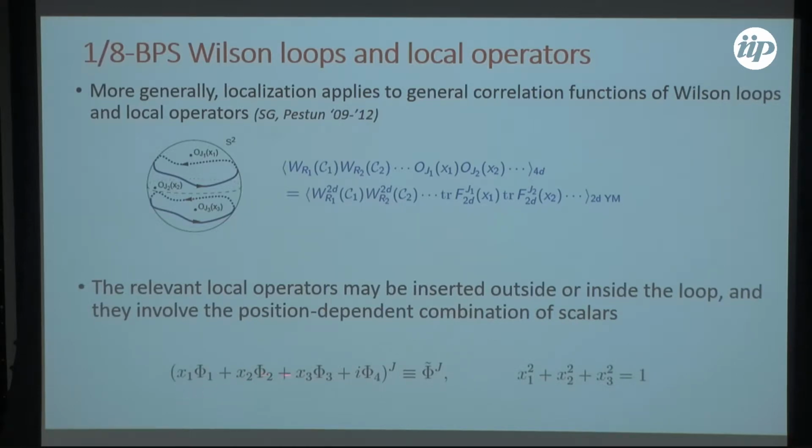I'm using Cartesian coordinates where the sphere is given by this. This is just some kind of chiral primary combination, because you can view this as some null vector dot phi. It's null because x squared is 1, and then there's an i here. These operators can be inserted on the sphere or inside the Wilson loop. It doesn't matter. They all preserve the same supersymmetry.